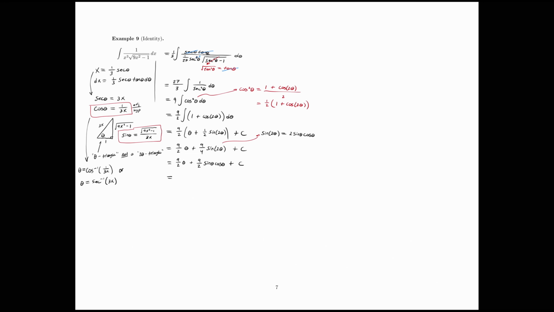So importing all that information, we would have 9/2 cosine inverse of 1 over 3x plus 9/2 times the sine of theta, which is the square root of 9x squared minus 1 over 3x, and the cosine of theta is 1 over 3x, plus c.